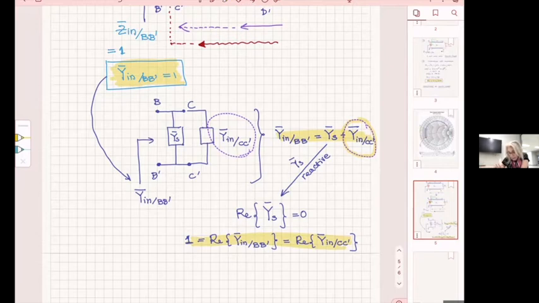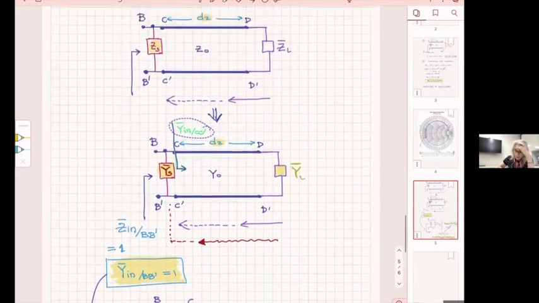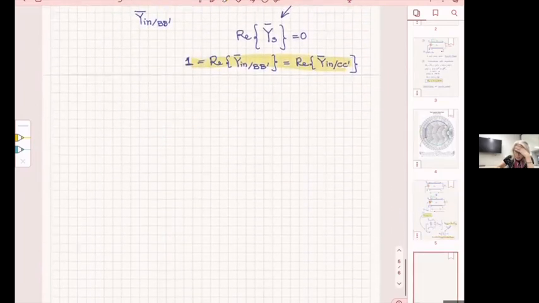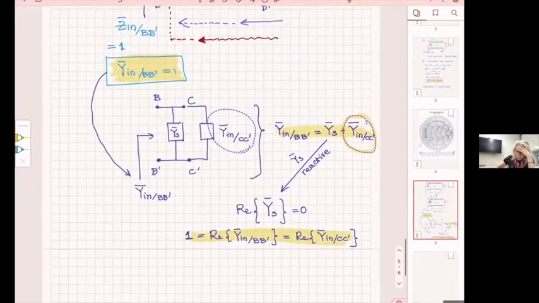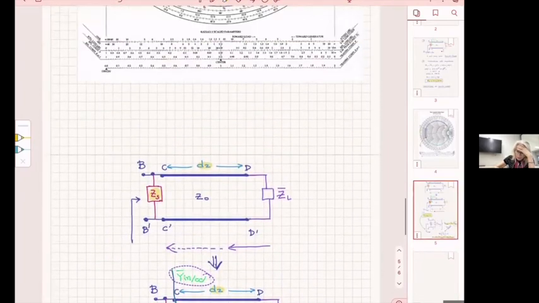And we will have to find a reactive part, ys, that makes the whole admittance y in at BB prime equal to 1, which means bringing our point to the center of the Smith chart.